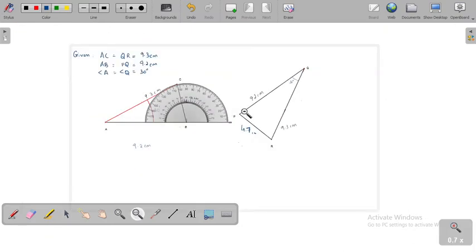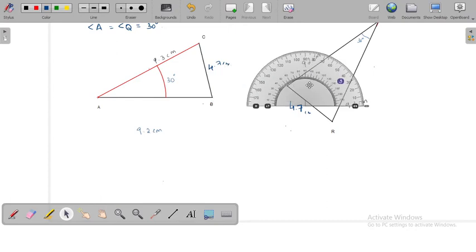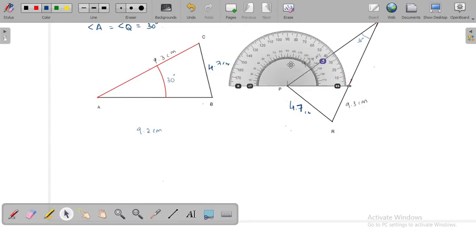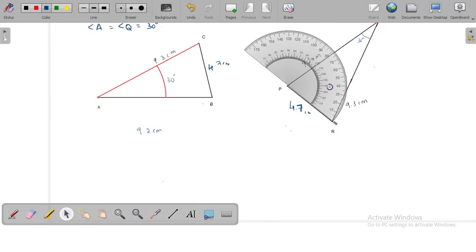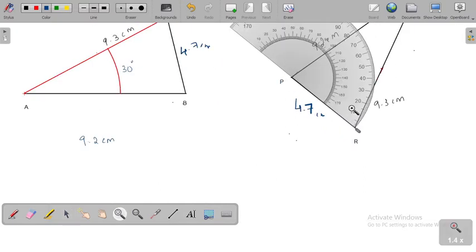Now let's place it here somewhere. This is also approximately 80 degrees, ma'am. Let's see, yeah, it is also approximately 77 or 78, right?